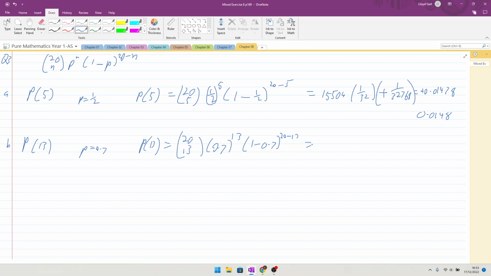So 20C13 on the nCr is 77520. 0.7 to the power 13 is 9.688 times 10 to the minus 3.